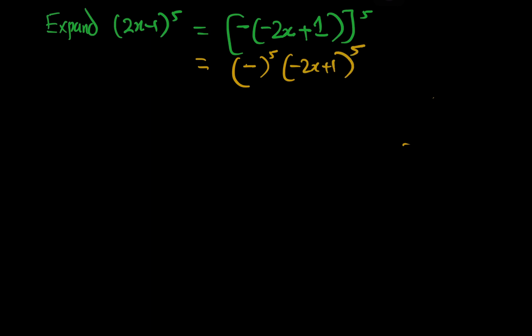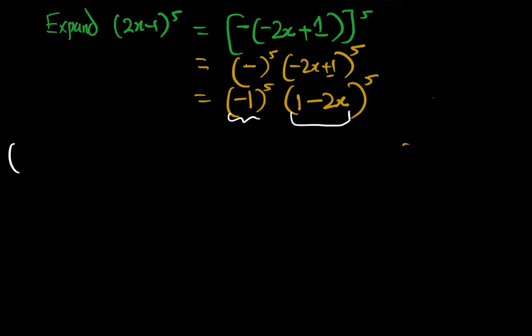So this is going to give us negative 1 to the power 5 into 1 minus 2x to the power of 5, because this is positive. We can focus on just solving this, and when we finish, we multiply everything by this one here.